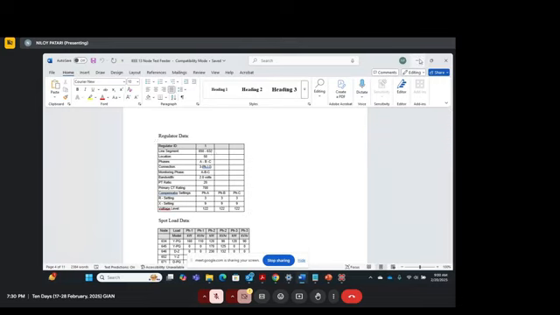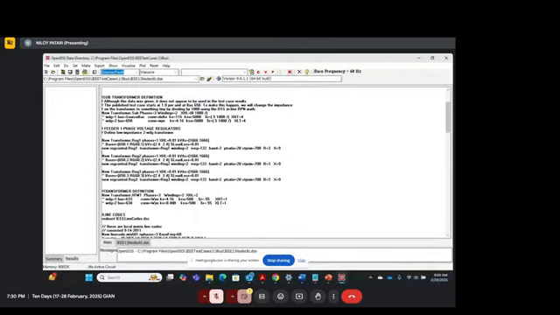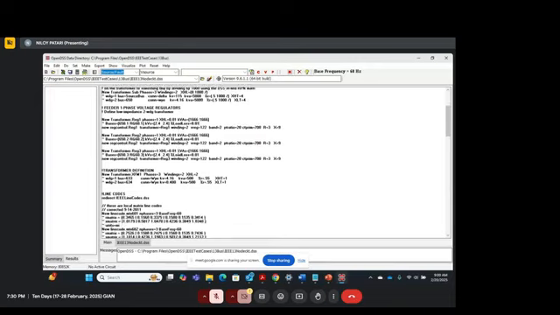But OpenDSS has created a fictitious node, which is RG60. So from 650 to RG60, you have regulator 1. 650.1 is phase A, 650.2 is phase B, and 650.3 is phase C. Each of these phases is connected by a regulator, and it also shows the CT PT ratio, regulation voltage, load loss, and all of these things are defined.